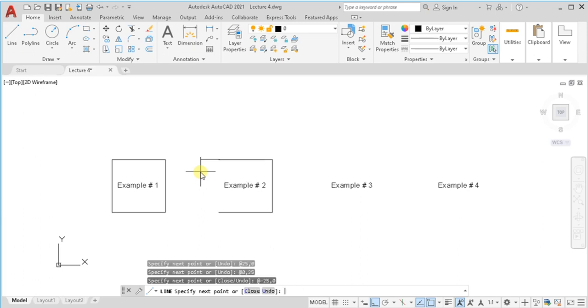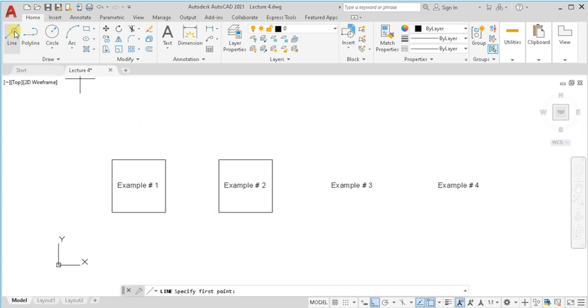We will repeat it again as at 0, 25, and then we will bring it to the start. When we press the at sign, it will assign the next value with reference to the previous point. So, if we write at 25, it would be with reference to the previous line, 25 in the x-axis and 0 in the y-axis.